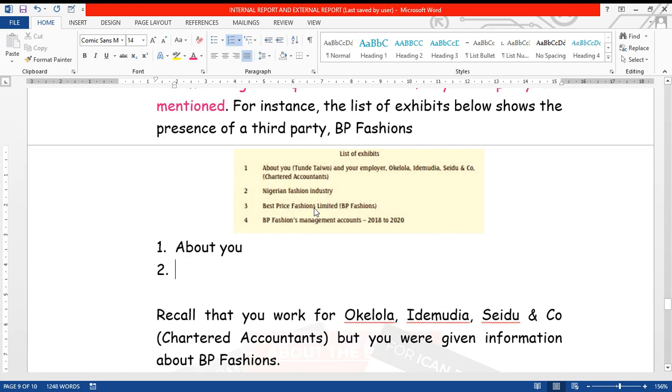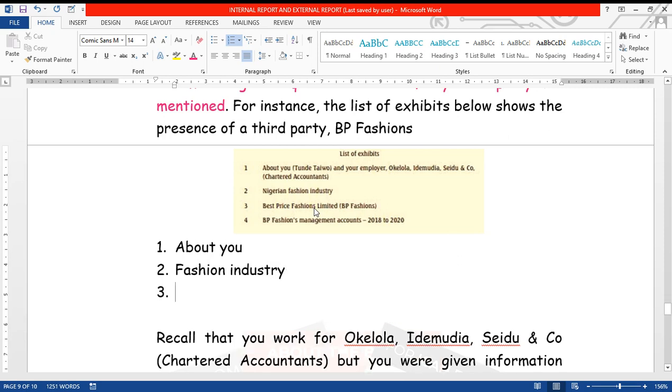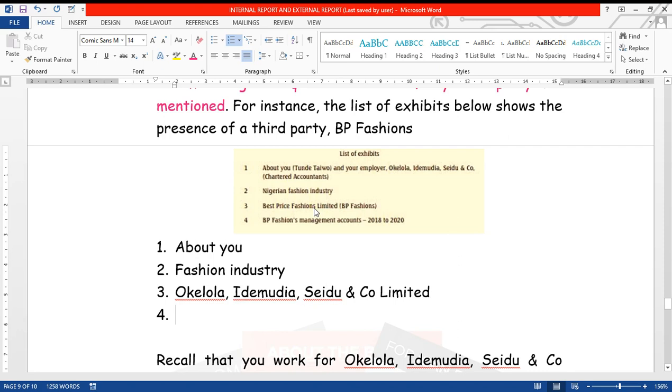Then number two, they tell you about the Nigerian fashion industry, maybe Okelola is in the Nigerian fashion industry or something. You understand? Then they tell you something like Okelola Idemudia Seidu and Co. Limited, Abino.